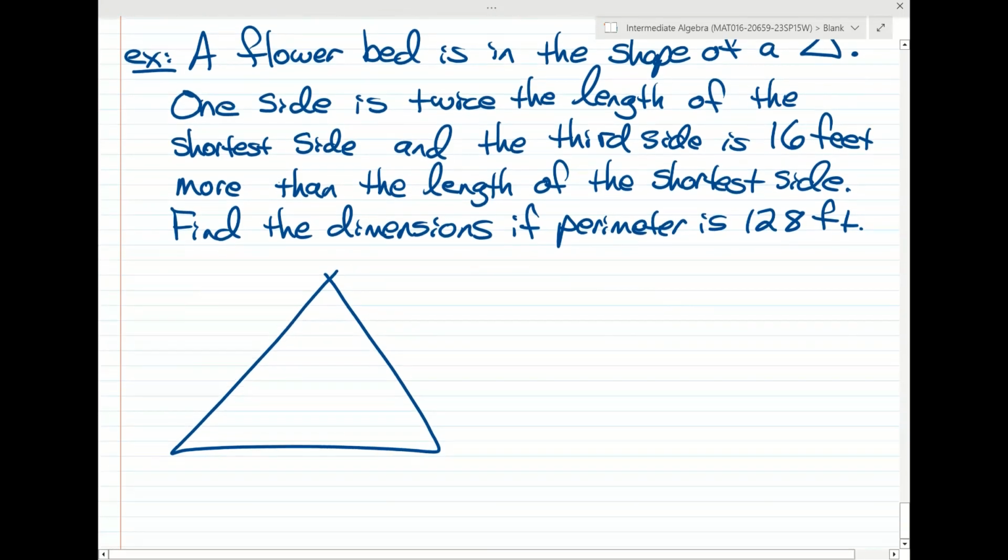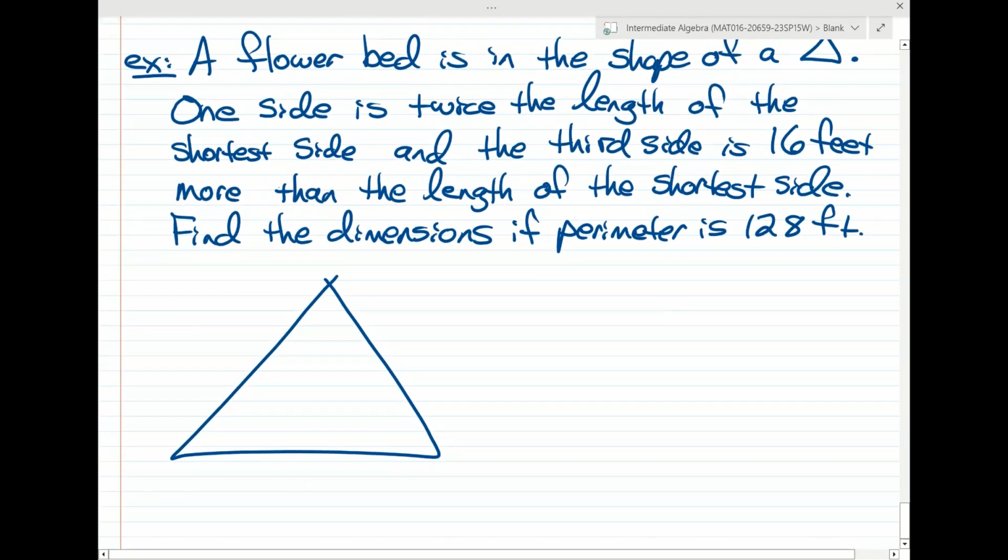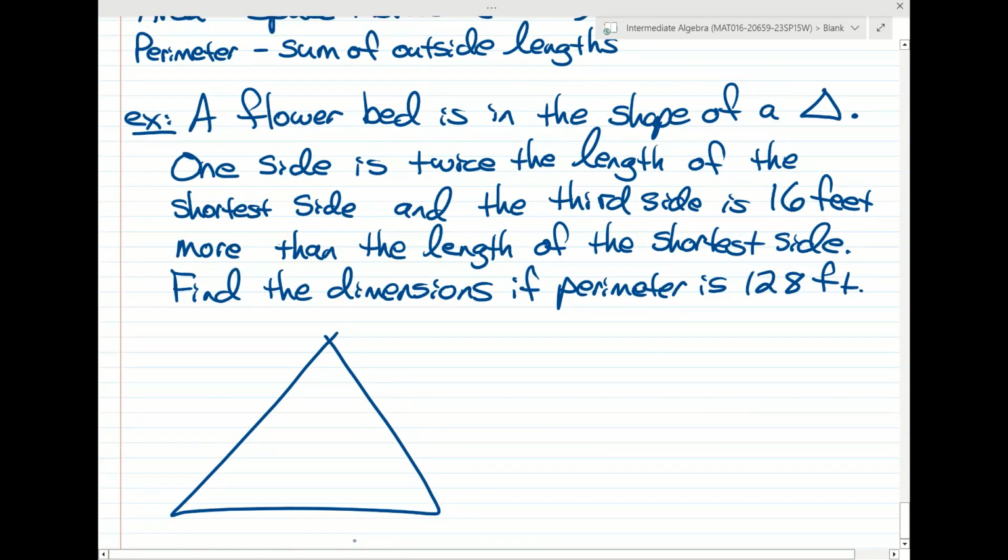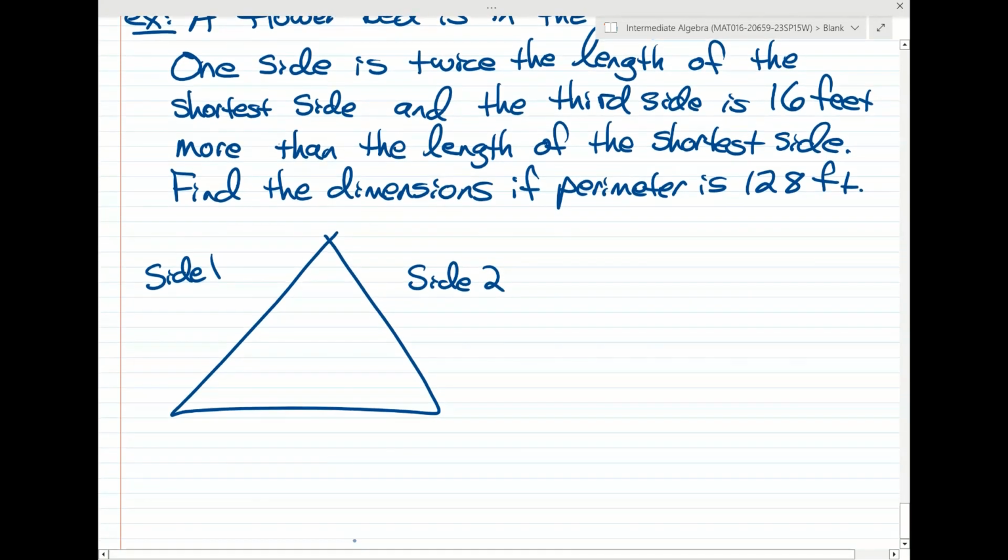All right. So we'll call this side 1, we'll call this side 2, and we'll call this side 3.